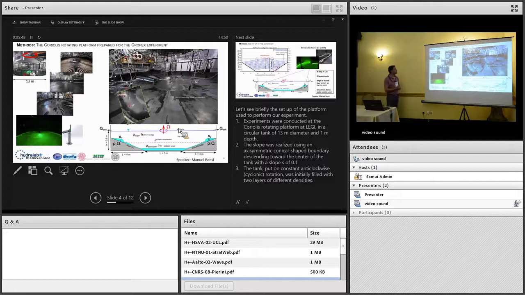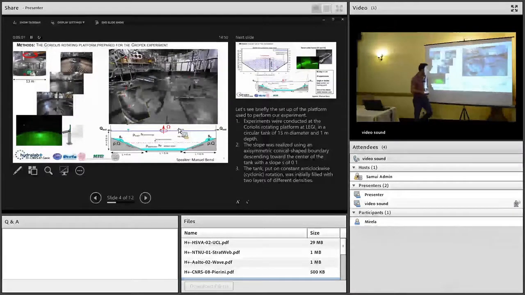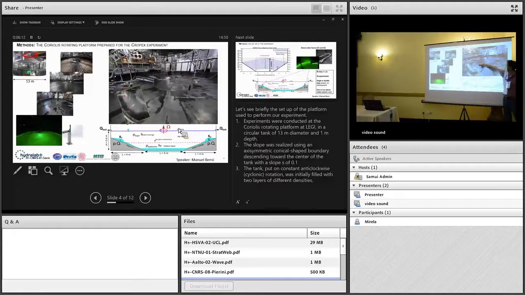So we set up the Coriolis rotating platform in order to have a shape all around the tank, and we also had this transverse section of the scheme of the shape. Here we have a photo where you can see the circular shape all around.